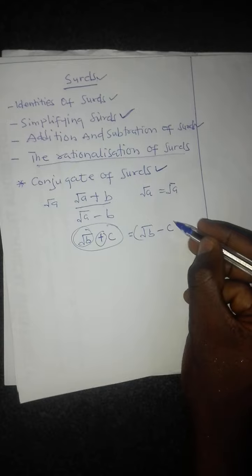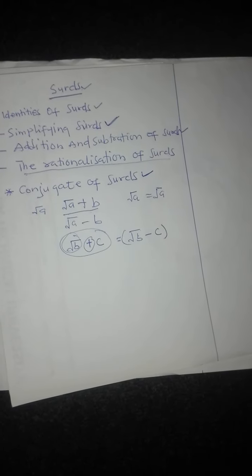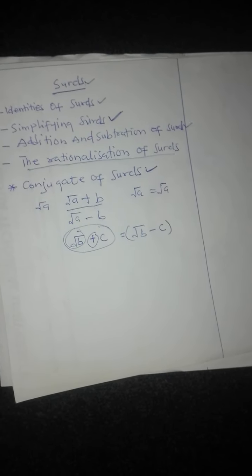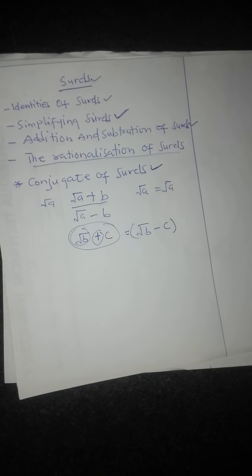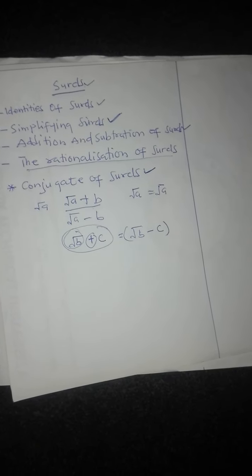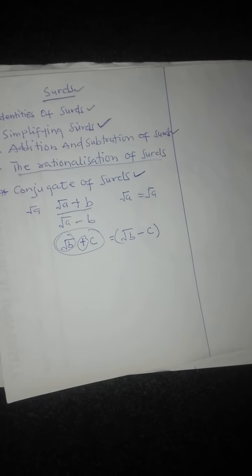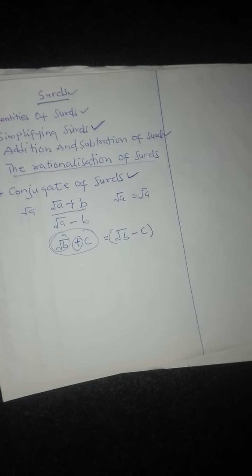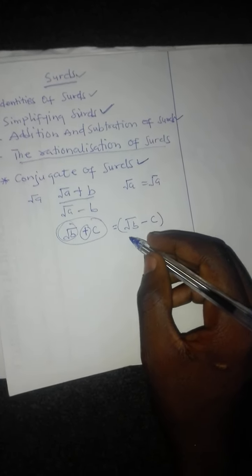Then this becomes the conjugate of this set. When it is minus, you change it to plus. When it is plus, you change it to minus. So the conjugate of a set is changing the arithmetic sign in between the two terms in an expression containing a set. That is what we term as the conjugate of a set.